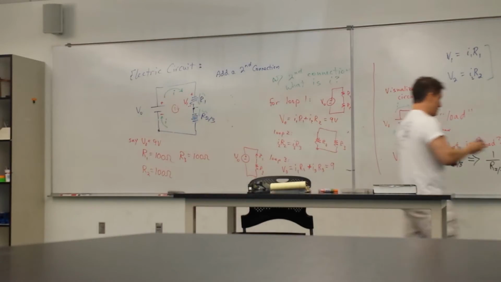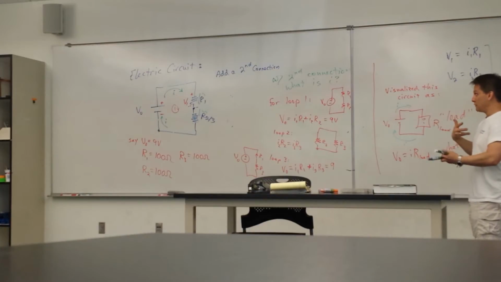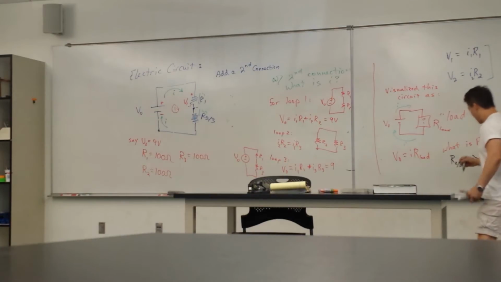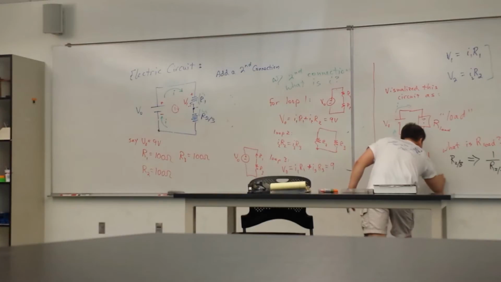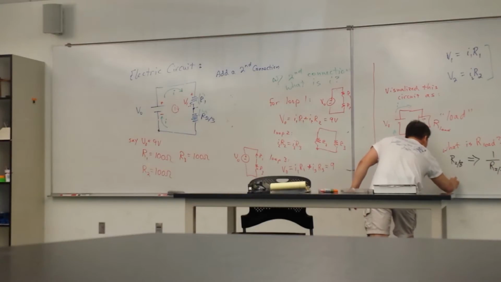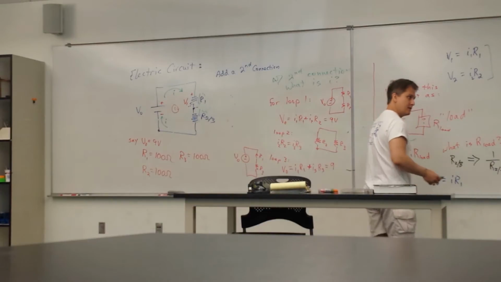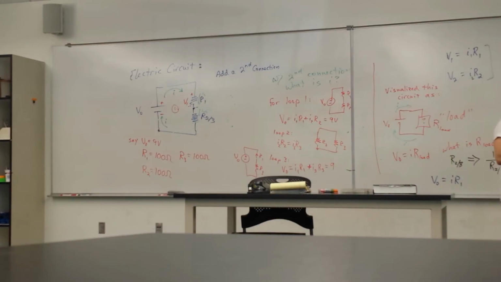In other words, now if I look around the loop, I can say that V naught, which is equal to I1 R1, plus I2-3 times this R2-3 combination, is equal to 9 volts.